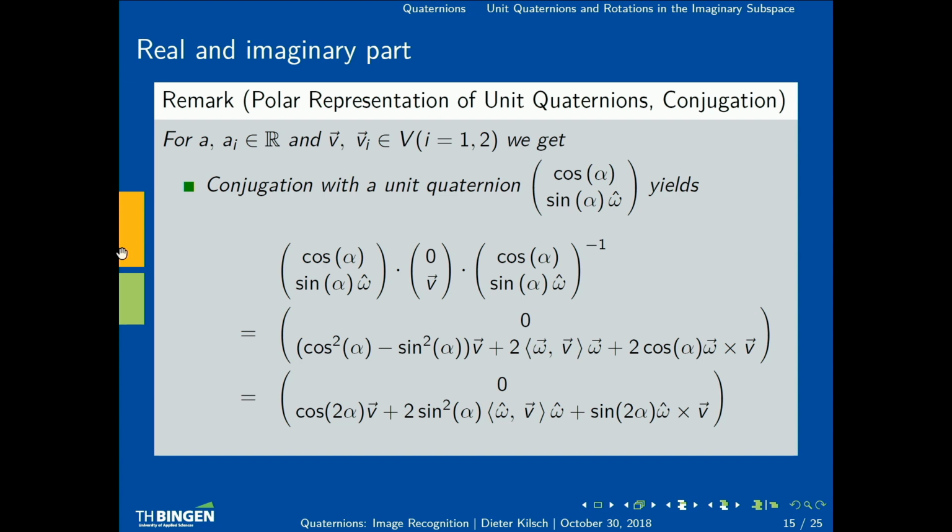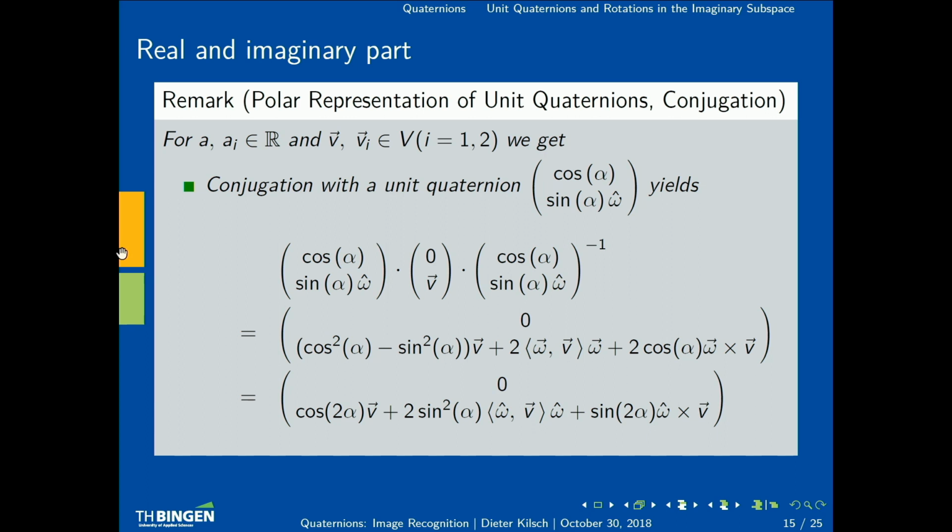Now, it is standard in field theory, non-commutative field theory, that you always get nice mappings if you calculate the conjugation with an element. So we take a vector in the 3-dimensional complex area and calculate the conjugation with the unit quaternion. Conjugation means you multiply with this element, and on the other side you multiply with the inverse of this element, and you see what you get out there.